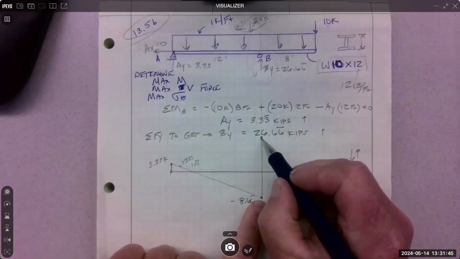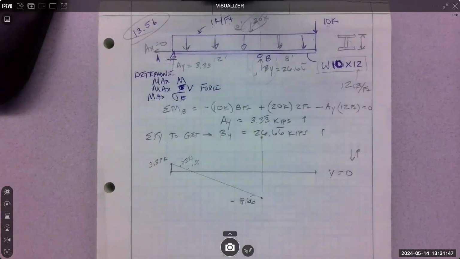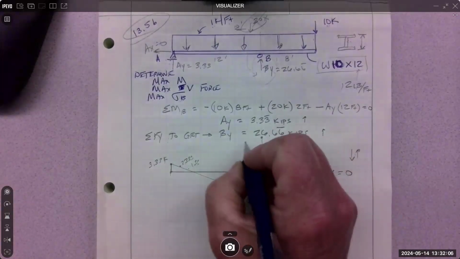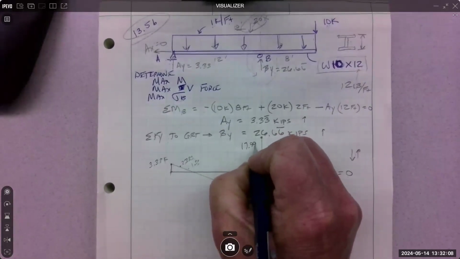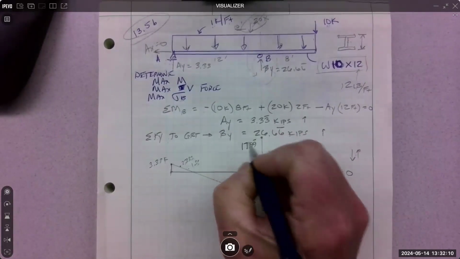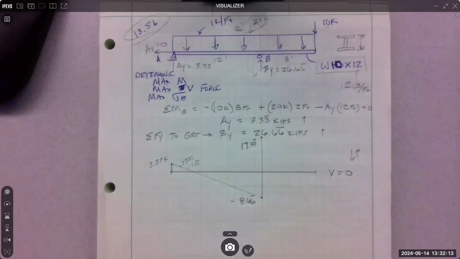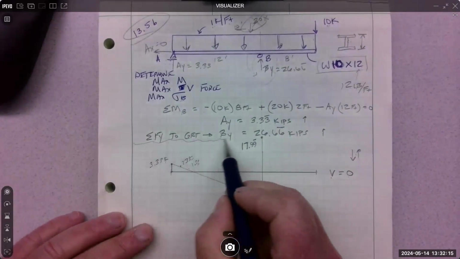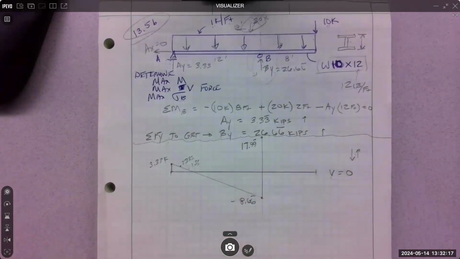So what's my number here? Seventeen nines is what I get. And that's 26. Wish that wasn't so close.